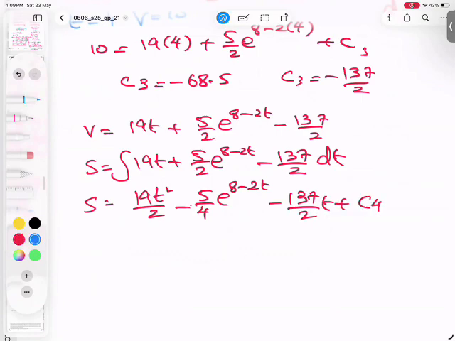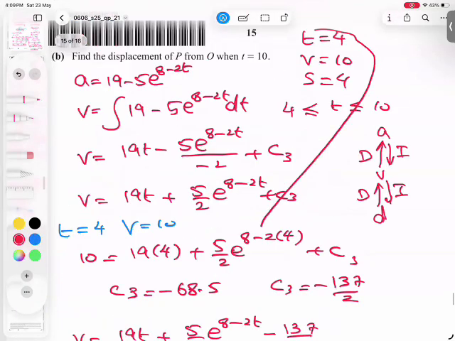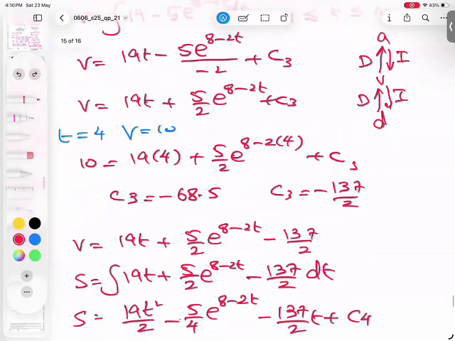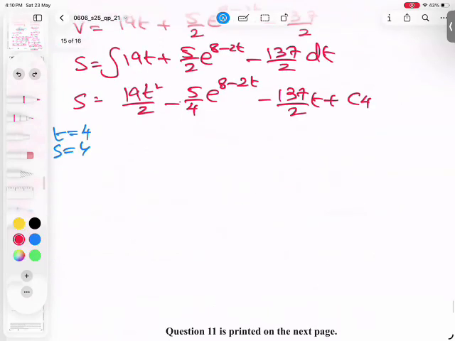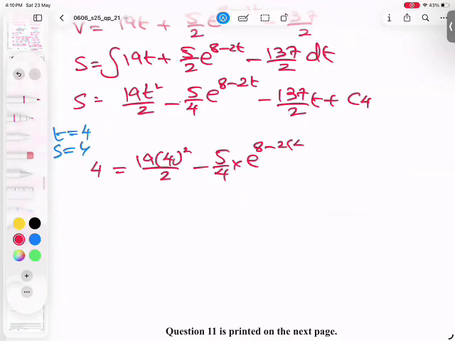Now I'm using the other data. T is 4 and S is also 4. How come? Check on top. T is 4, S is 4. So 4 here, 19 times 4 over 2, and 5 over 2, e to power 8 minus 2 times 4, and C4.